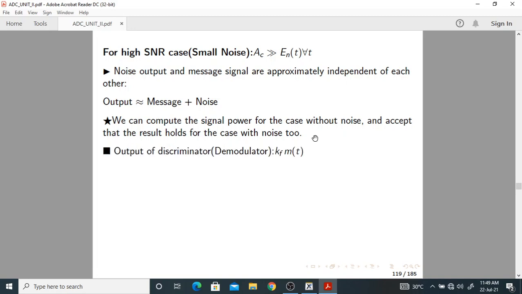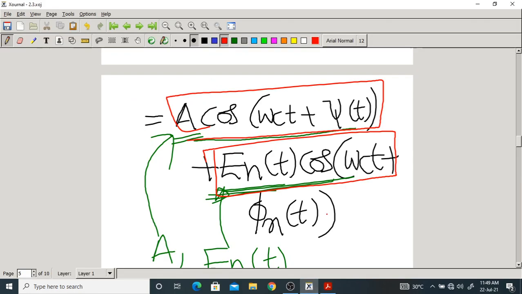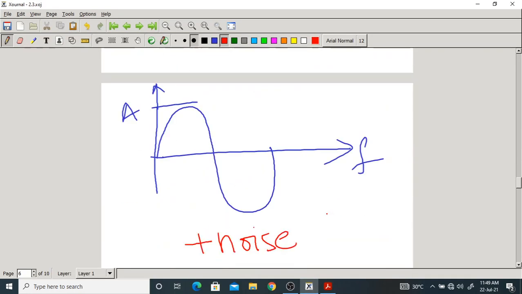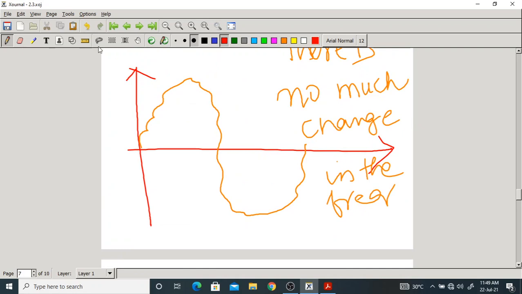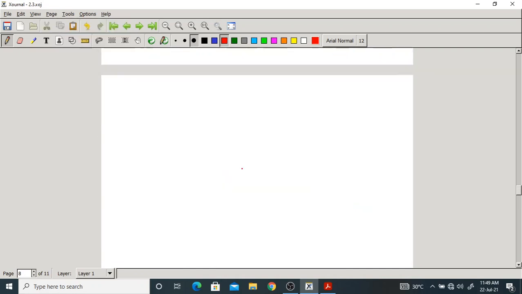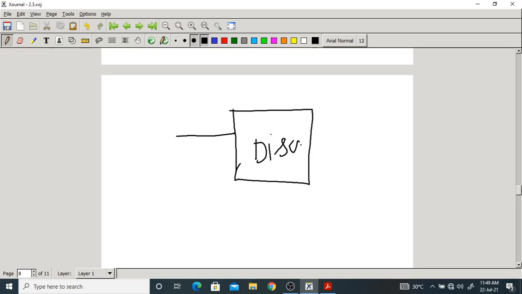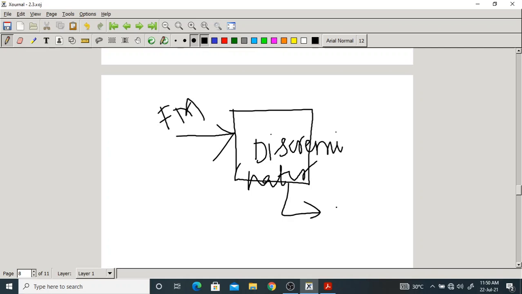So, output of the discriminator. Okay, this is very important. I told you we have a discriminator, that is nothing but a demodulator. So if the input is an FM signal, the output is obviously a message signal, but not exactly the message signal, it is kf into m of t.